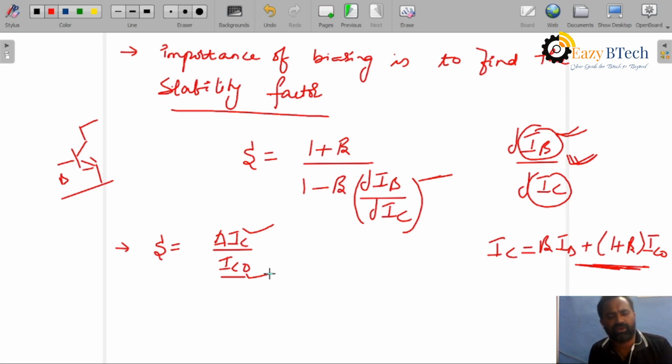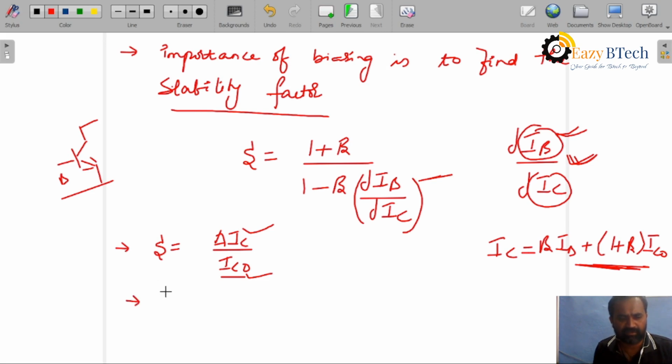Now you can use the FET. In an FET, you don't have the thermal runaway problem or a temperature effect, but a BJT is a temperature sensitive element. That is why, as the temperature increases, it will show a major impact on the output current. This all we have studied clearly.